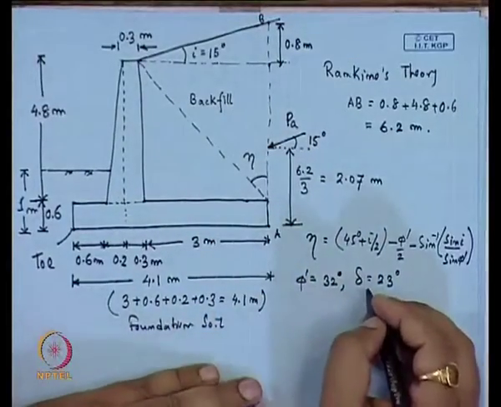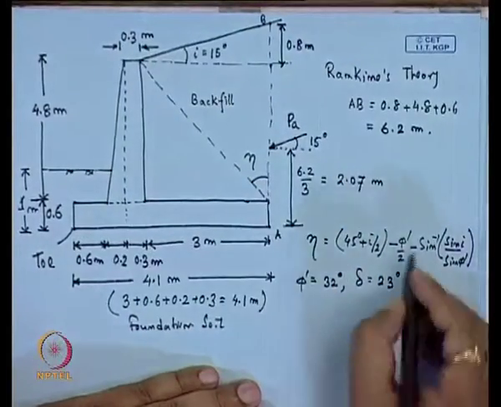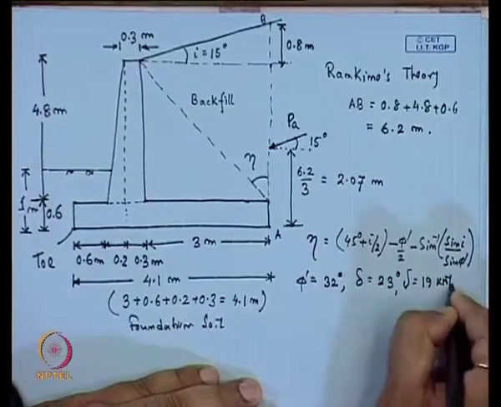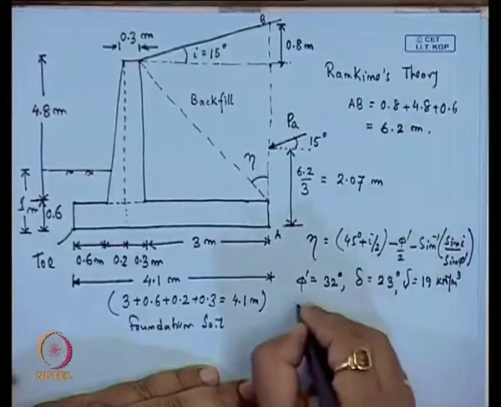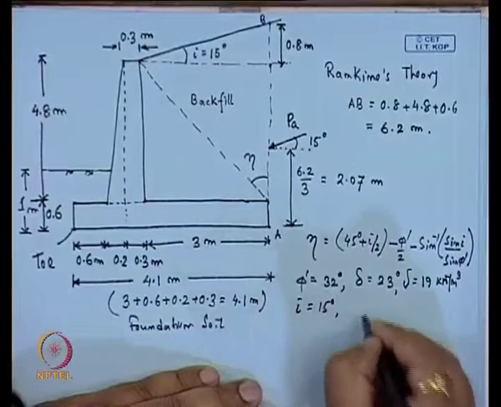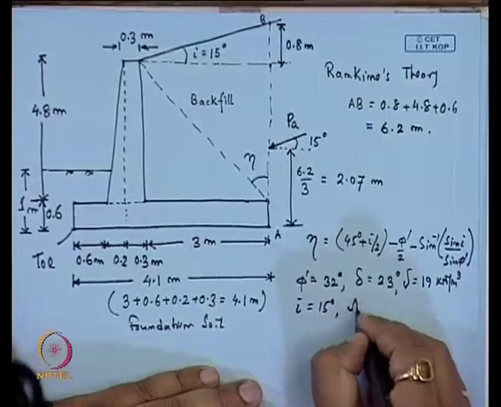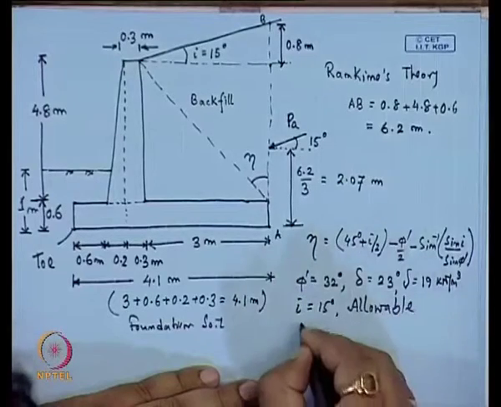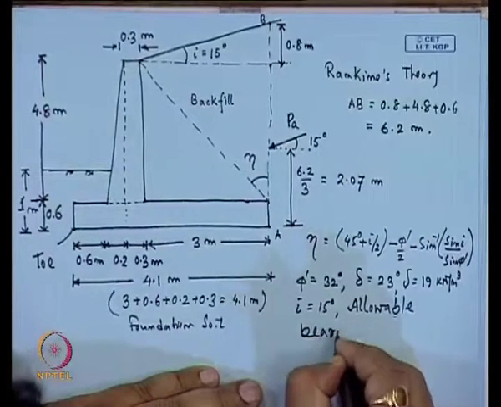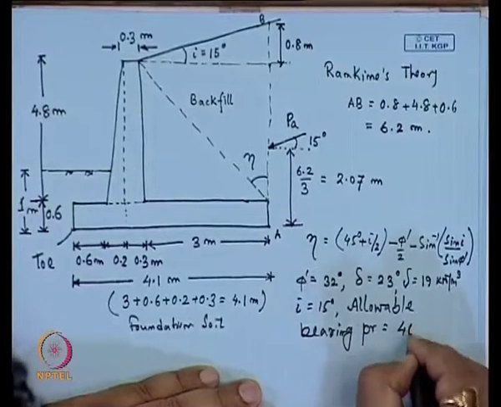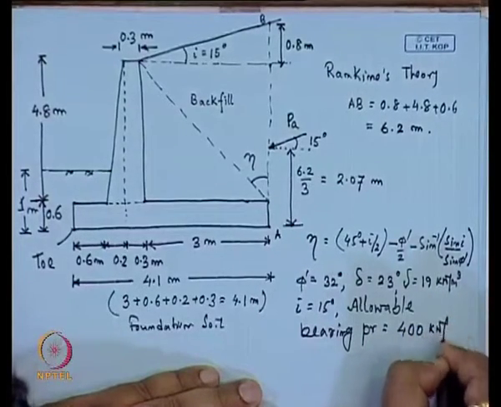So, now the delta for the whole system is 23 degrees, the unit weight is 19 kilonewton per meter cube, I which is 15 degrees, and the allowable bearing pressure is 400 kilonewton per meter square.